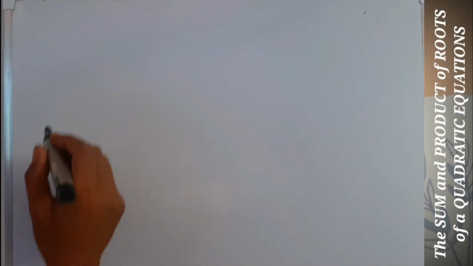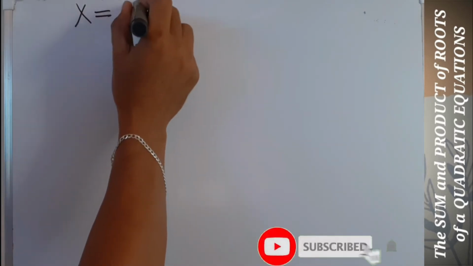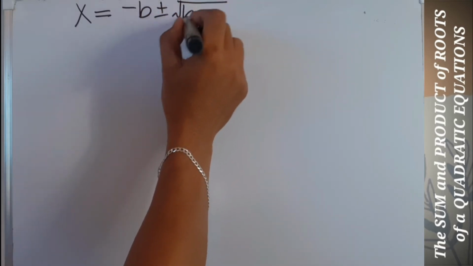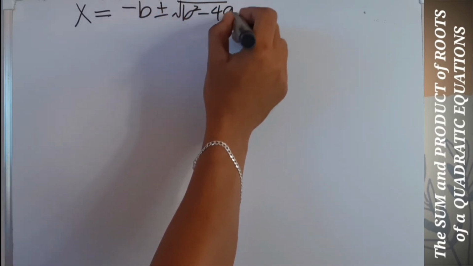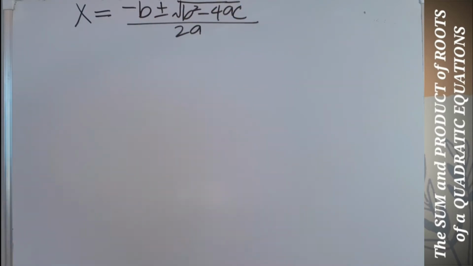The roots of a quadratic equation are described by its formula. X equals negative b plus or minus square root of b squared minus 4ac all over 2a.